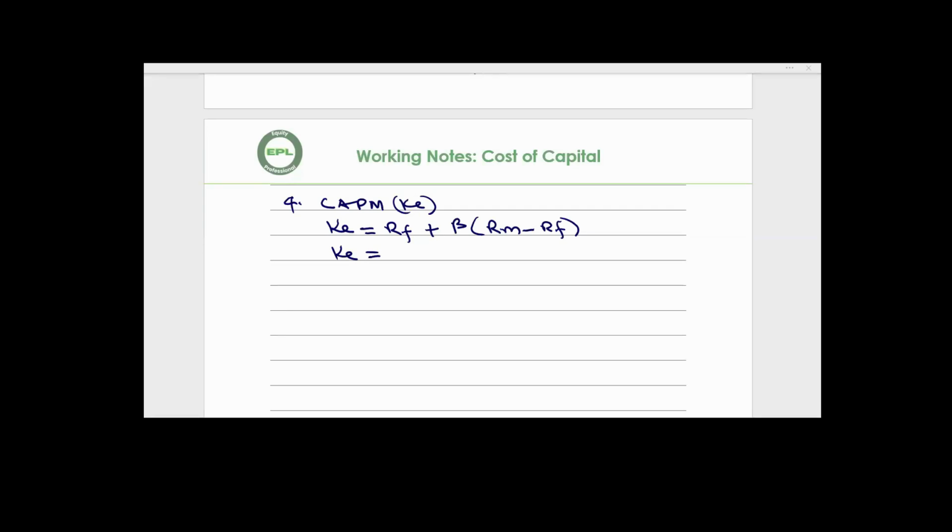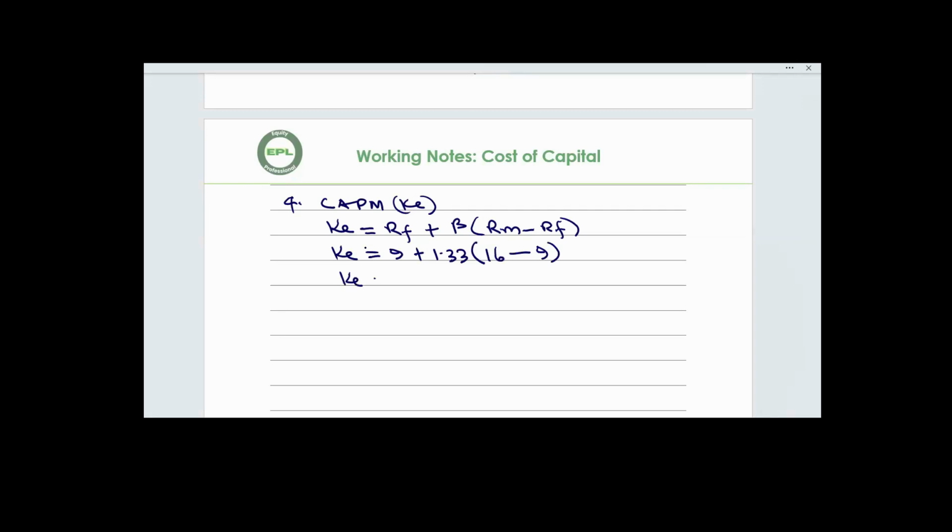If risk-free rate of return is 9%, what is market return? According to the question, the market return is estimated to be 16% per year. So here is 9% plus beta of 1.33, which we computed in step 3, times market return of 16 minus risk-free rate of 9.